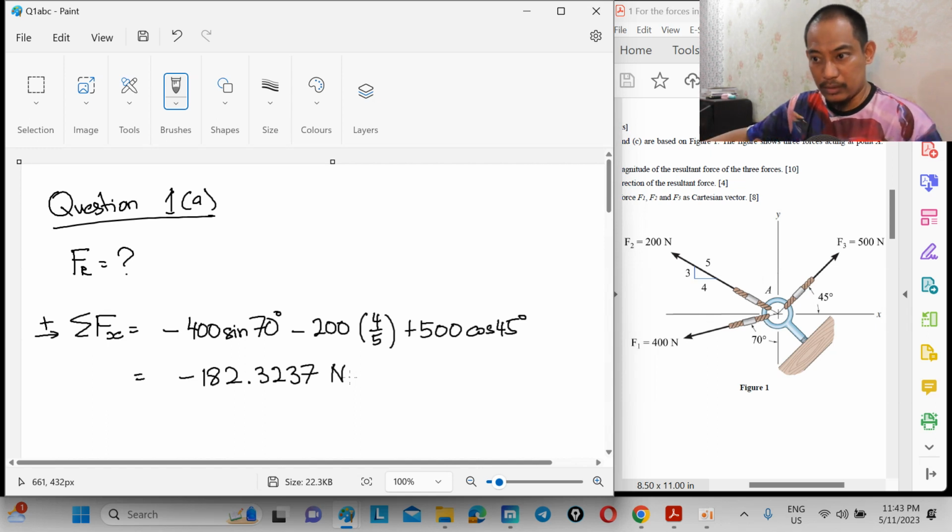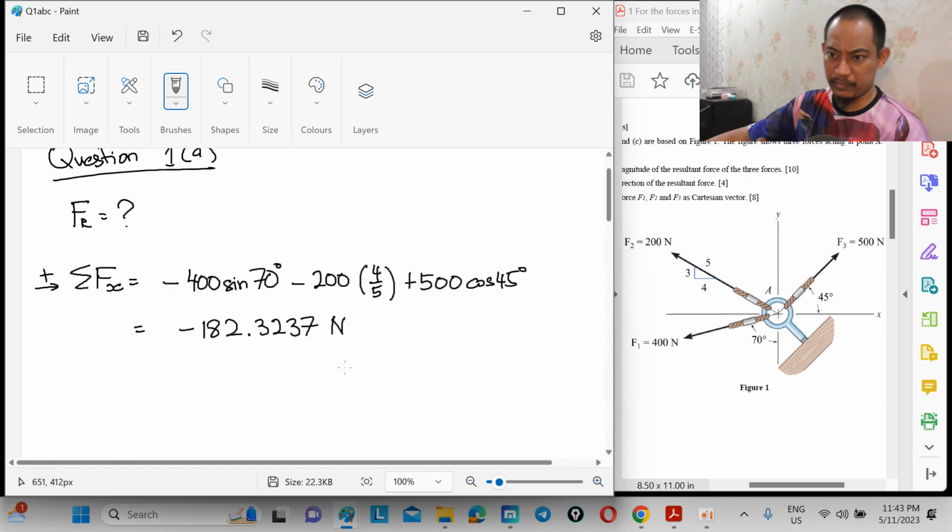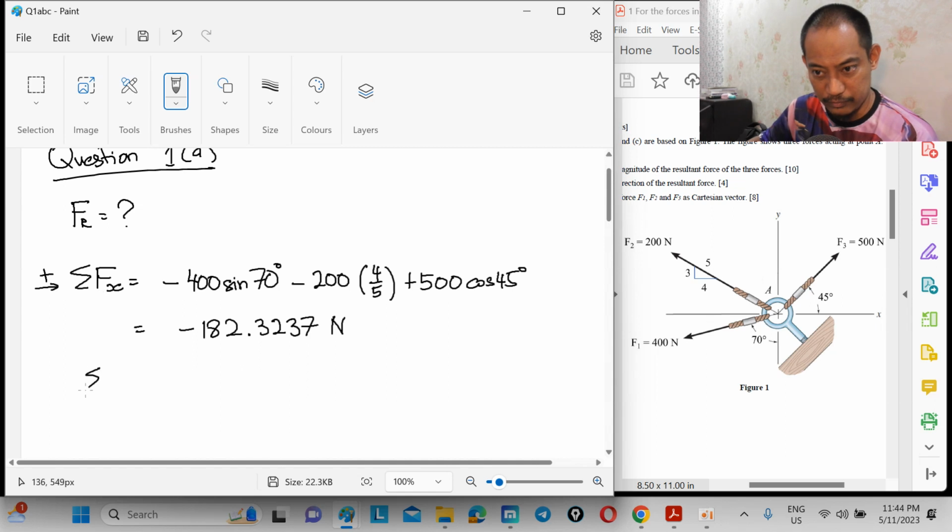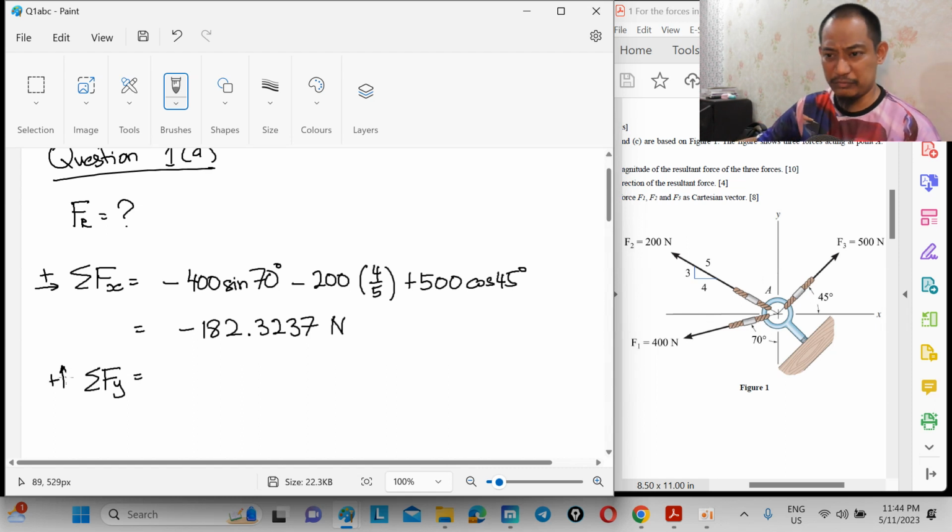Take note of the significant figures: at least 4, but for more accuracy, like this, 6 or 7. I always have the habit of keeping as many as possible to avoid error. If you have 4, or in this case 2 decimal points, that's normally enough, but less than that and you will normally be penalized.